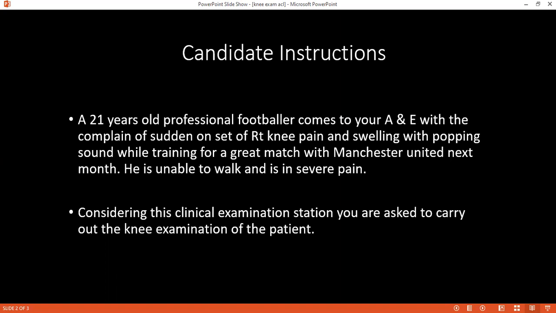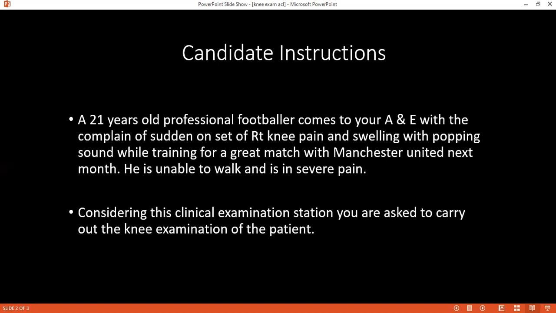On inspection, first of all, I'll ask the patient if he can walk. If he is able to walk and stand, I'll ask him to take a few steps away from me, then turn and come back. In this way, I'll examine for any scars, swelling, symmetry of both knee joints, any visible deformity, erythema, sinuses, or muscle wasting.